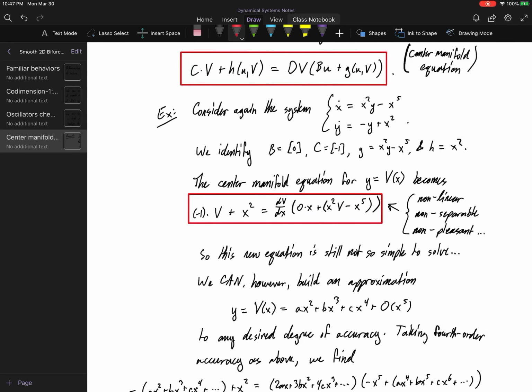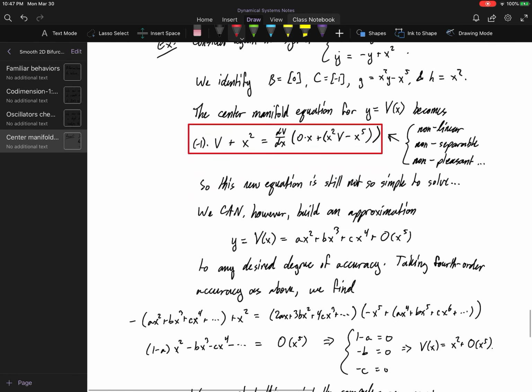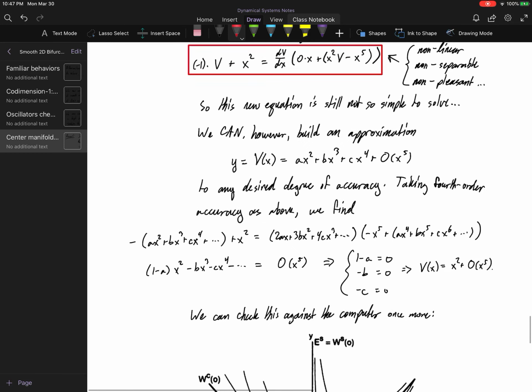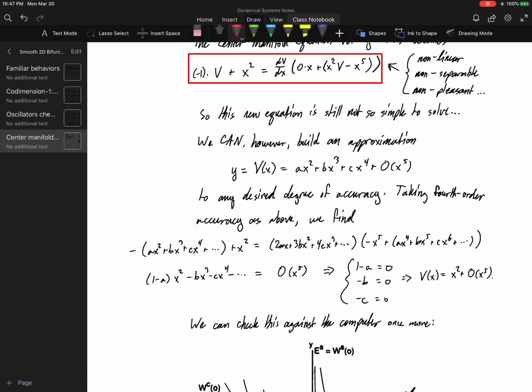So what's the next thing that we do? Well, we recognize that this center manifold can actually be approximated with a Taylor series. If the dynamics are smooth enough, then I can use a Taylor series starting at the quadratic terms, because we've already absorbed into EC the linear pieces.